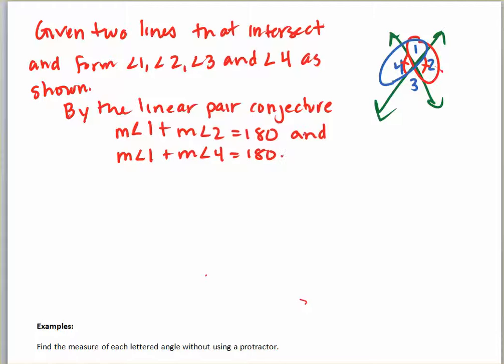So I had to use the linear pair conjecture twice. Once here with angles 1 and 2, once here with angles 1 and 4. Can you see where we're going with this?